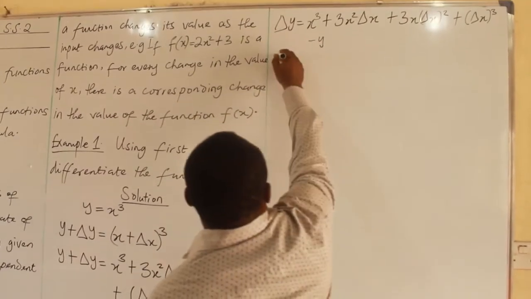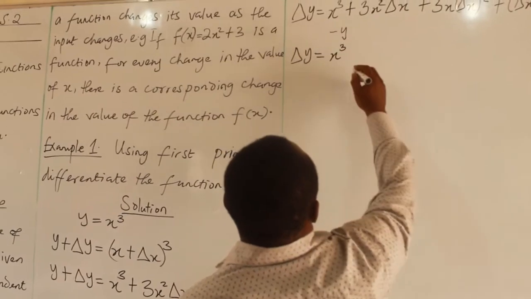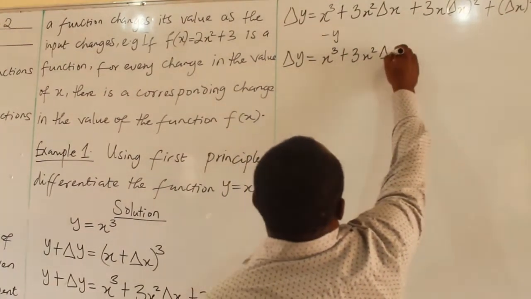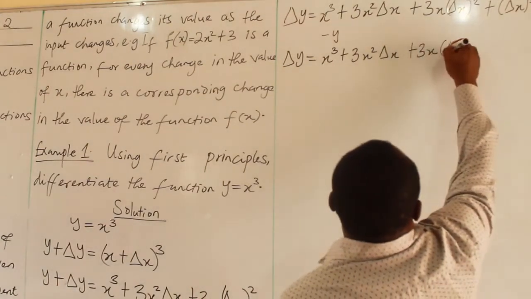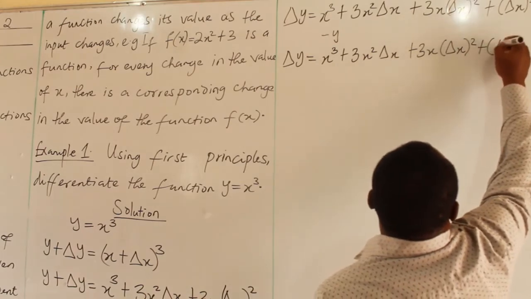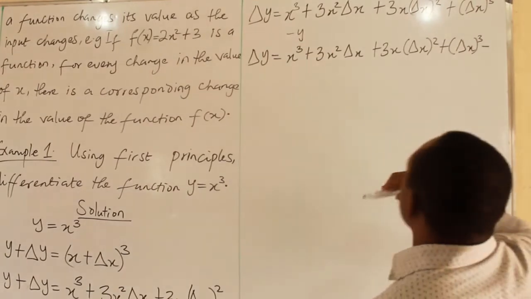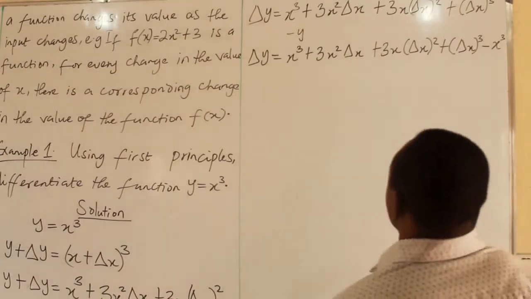So we have delta y is equal to x to the power 3 plus 3x squared delta x plus 3x delta x all squared plus delta x all cubed, minus x raised to the power 3.